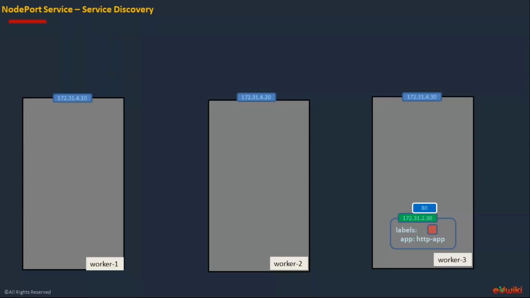Let's say you deployed a pod, and the pod is coming up in worker node 3. You see the pod has an IP 172.31. I gave some IP. Yes, definitely the pod will have an IP. Inside the pod, yes, there is a container. Yes, the pod is currently listening on port number 80 because that's the default port of my web server.